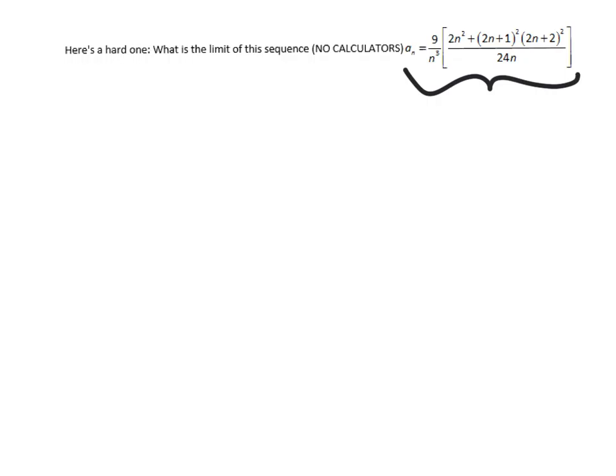So really my largest variable is going to be from the 9, the 2n squared. This, when I FOIL it out, is going to give me another 2n squared. And this, when I FOIL it out, will give me another 2n squared.